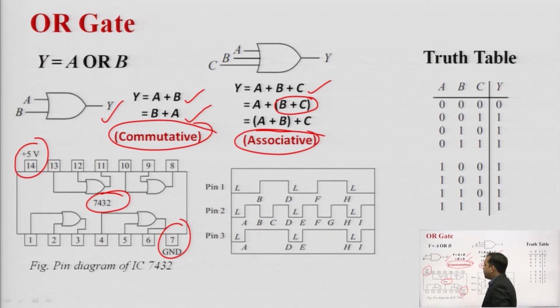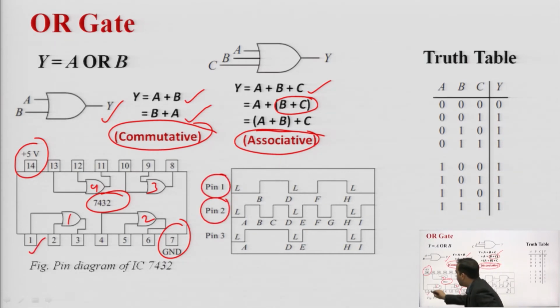So for the 7432 IC, we have 4 OR gates, because this OR gate will not be available in a discrete manner. It is available in IC form, integrated circuit form. This is the representation of input at pin number 1 and pin number 2, and we can visualize this particular waveform at pin number 3.